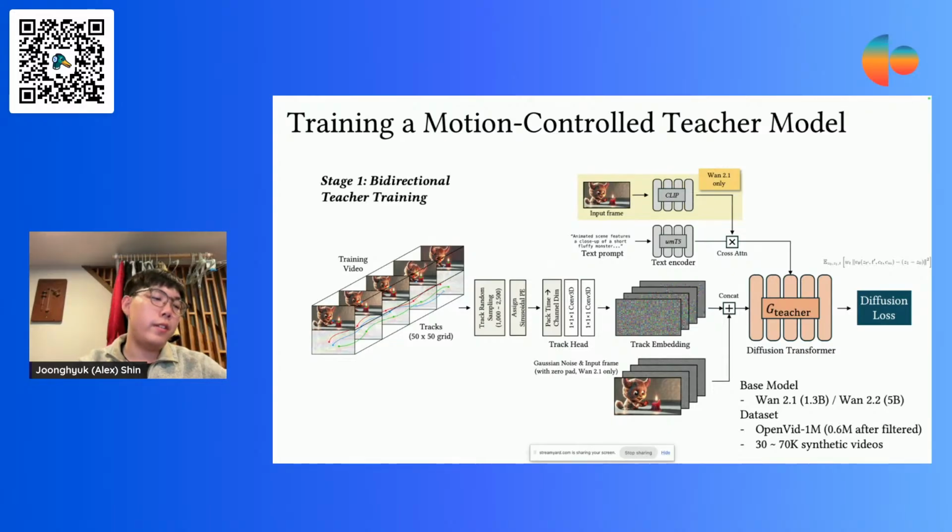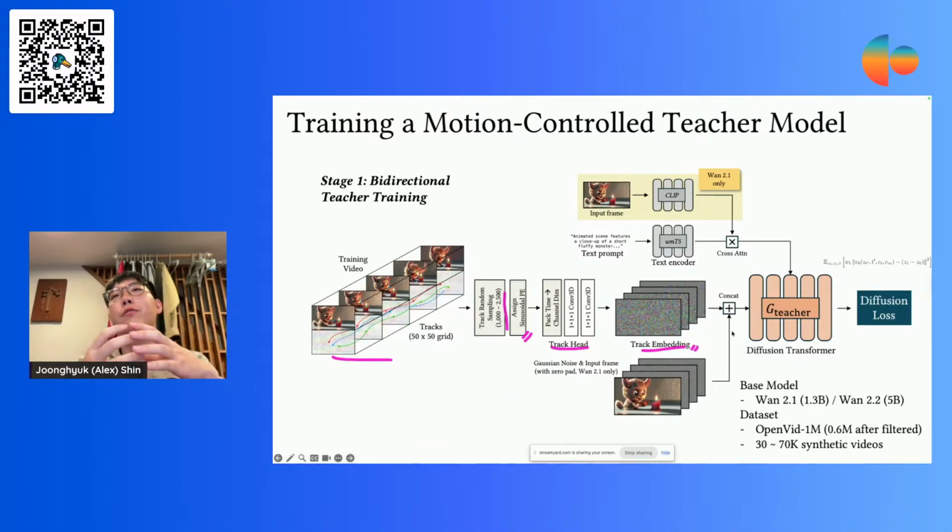And this is how our teacher pipeline looks. We have a bunch of video datasets here. From these video datasets, we usually sample 1,000 to 2.5K tracks and assign each track a sinusoidal positional embedding, which becomes an identifier for each of the tracks. We send it through the track head and obtain a track embedding at the end.